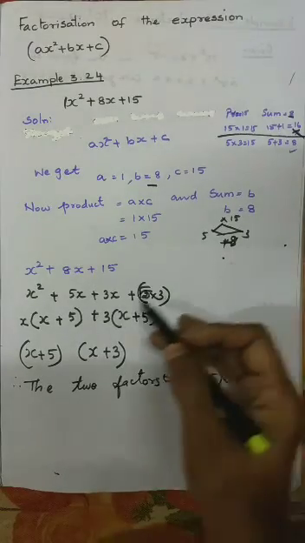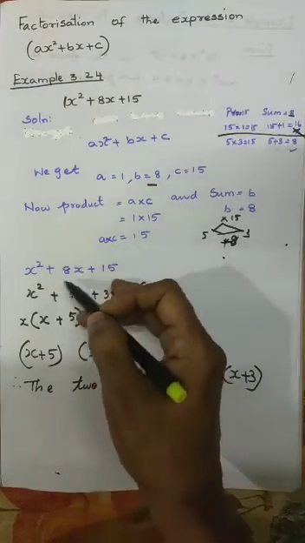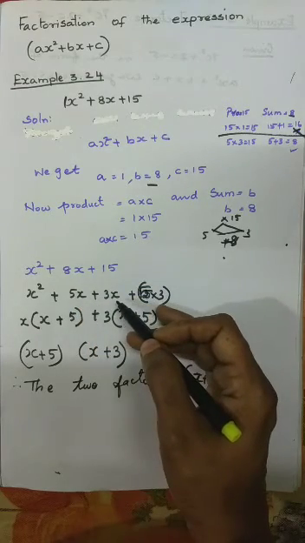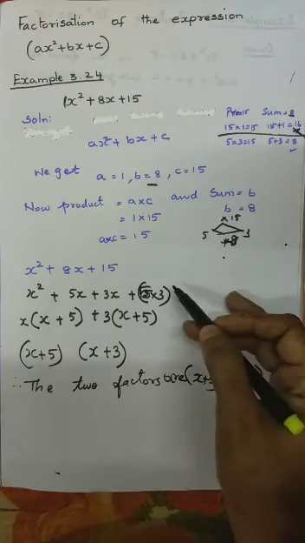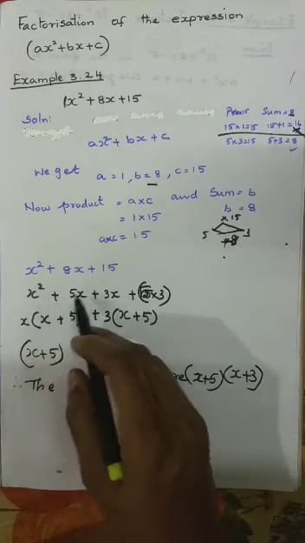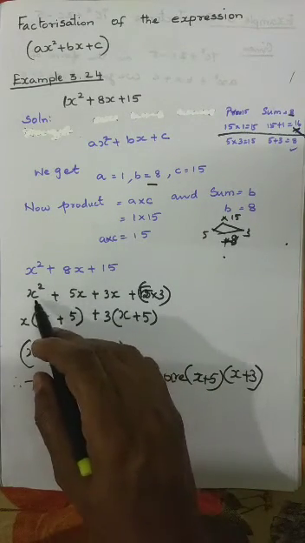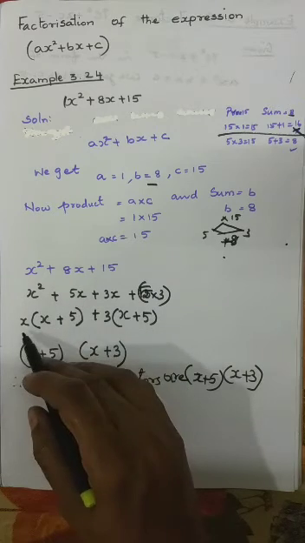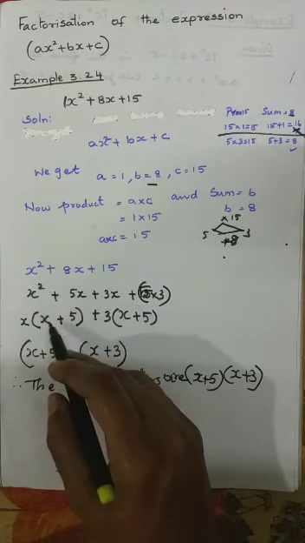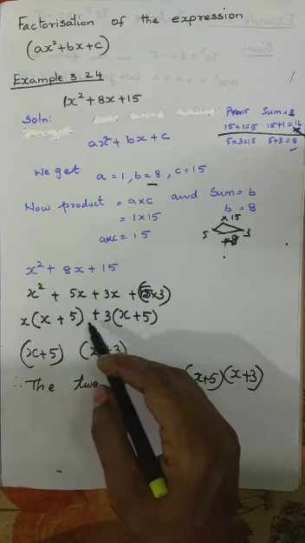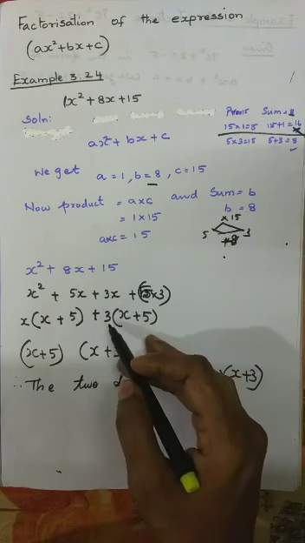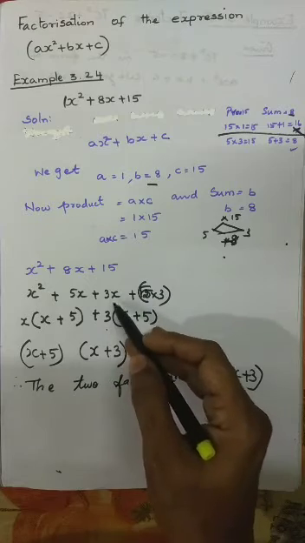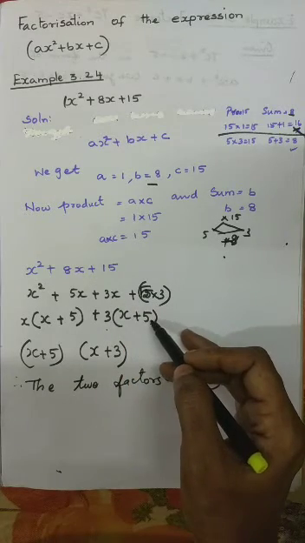Okay, now we have to split this 8x as 5x plus 3x. Then this 15 as 5 into 3. Okay, now see here. x is common here, so you take x outside, remaining x plus 5. Here there is a 3 and here a 3, so you take 3 outside, here remaining x, remaining 5.